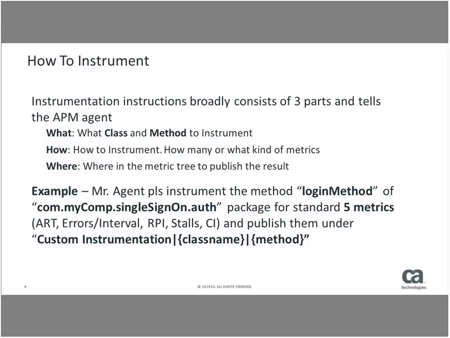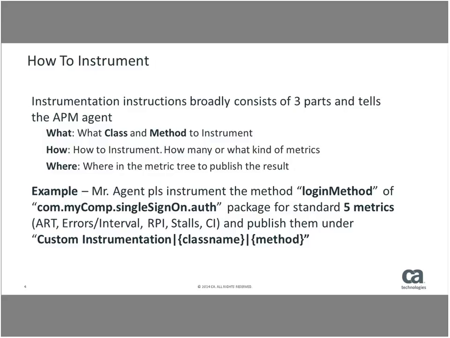The second part is how to instrument, meaning what kind of metrics you want. Do you want your standard 5 metrics, or, let's say, average response time, errors per interval, responses, or execution time? You can instrument a class and a method for various metrics. The third part is, once you instrument that, where do you want to publish it in your metric tree, the Investigator tree?